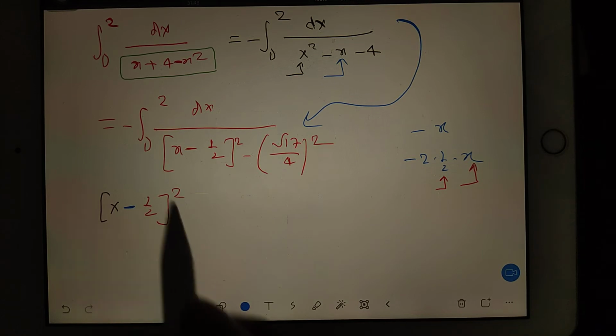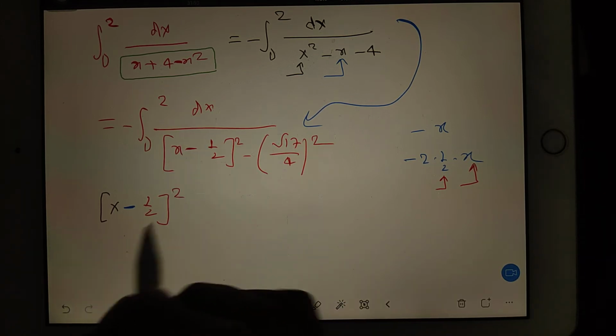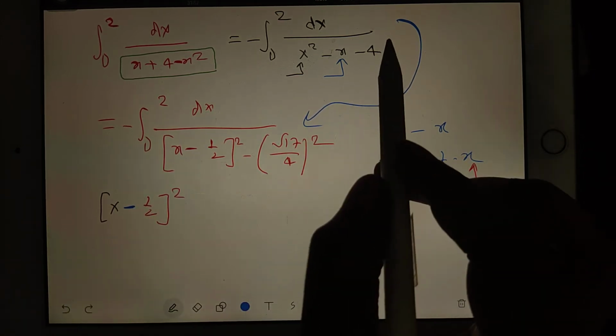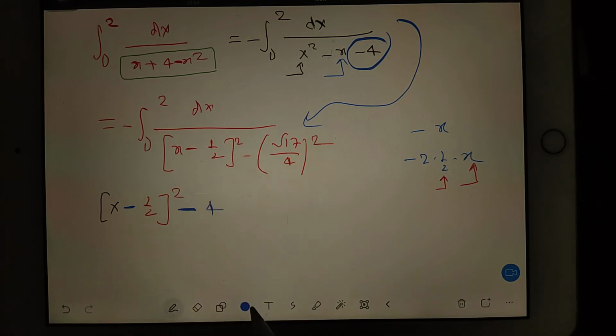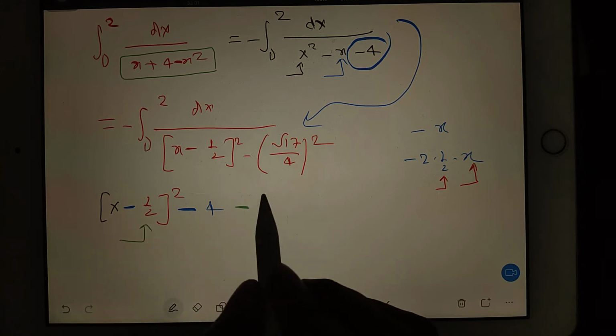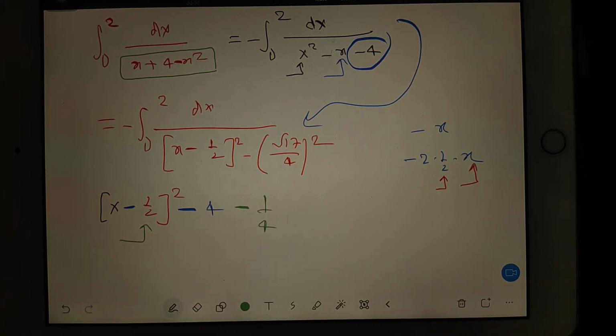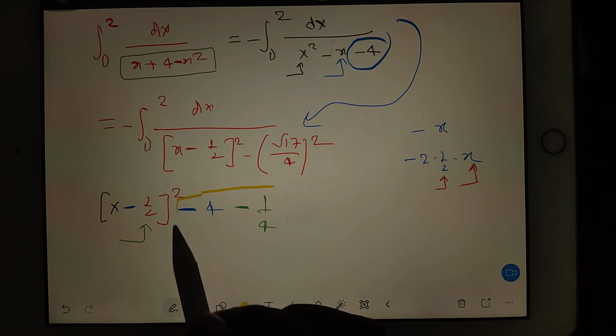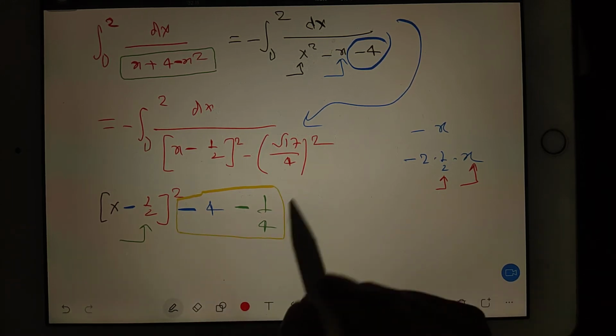It means we have got our b, which is 1 by 2. Now if you square this, one extra term will come, and what is that? Of course you have not touched this, so minus 4, but make sure when you square this, one extra term will come. That term is plus 1 by 4, so that 1 by 4 you subtract. When you are subtracting 1 by 4, you can add these two together, so it is going to be minus 17 by 4.